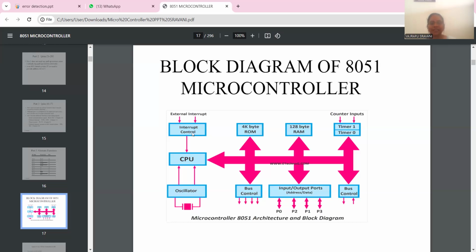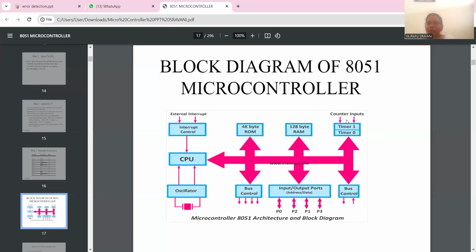Next, the interrupt controller is connected to this CPU. I already explained there are two external interrupts, INT0 and INT1. Not only these two interrupts, we again have 3 software interrupts. These are generated whenever timer 1 or timer 0 overflows.